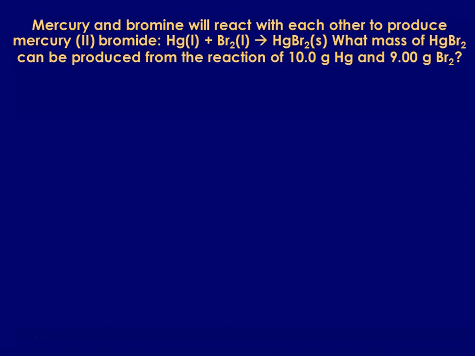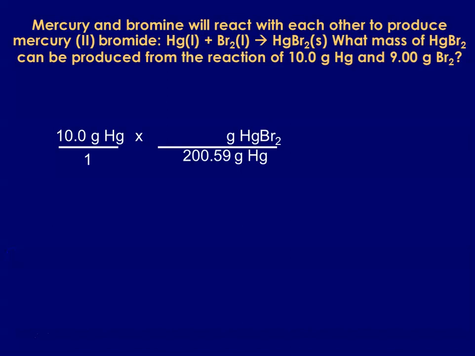So we're going to do two stoichiometry problems, starting with the mass of mercury, and we're going to convert it to mercury bromide, figuring out how much of the mercury bromide can be made from 10 grams of Hg. So I went from grams of mercury in my denominator, and I put grams of mercury bromide in my numerator.